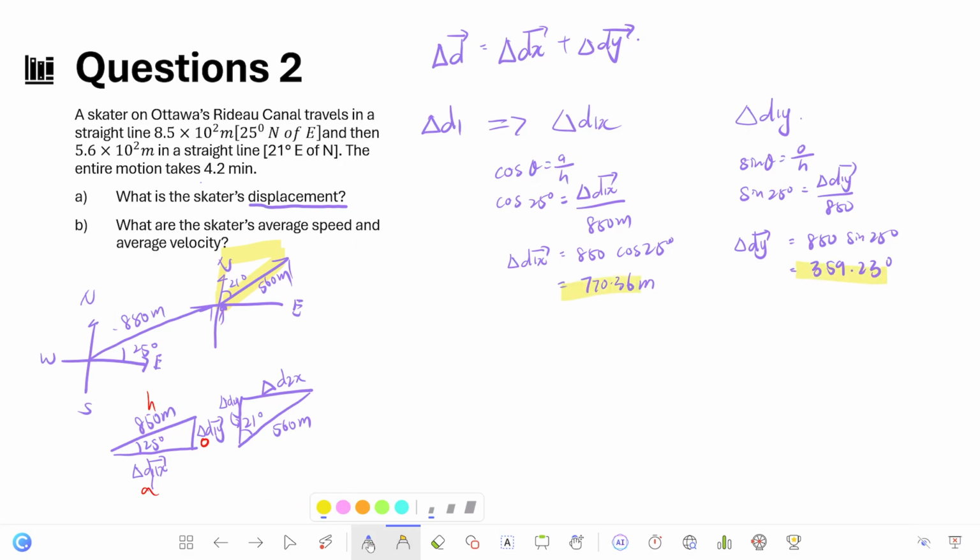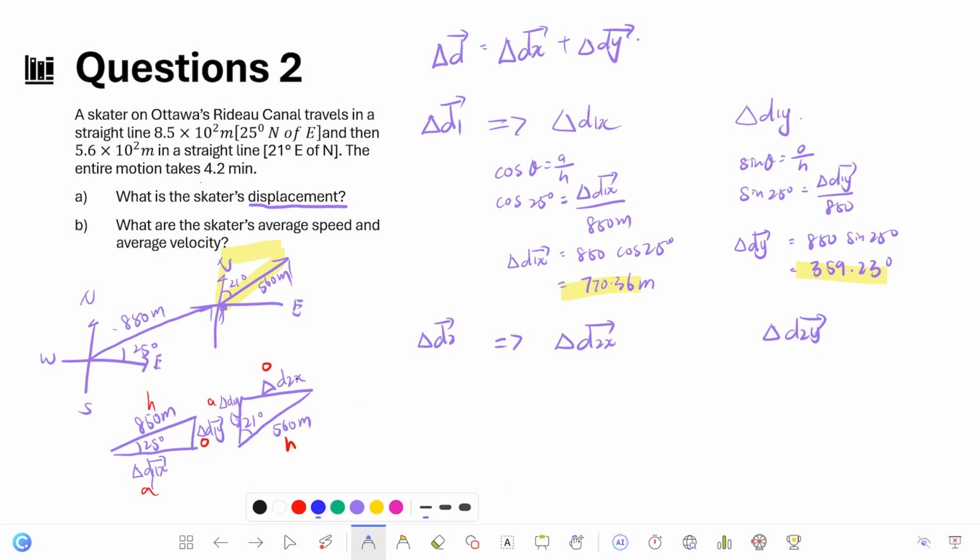We already solved the first one, and we have the answers for d1x and d1y. This will be used later. Now we are going to solve for d2, the resultant displacement for the second triangle. Since this is a two-dimensional problem, we have to divide it into two components, d2x and d2y. Same thing here: this is the hypotenuse, this is adjacent, and this is opposite.